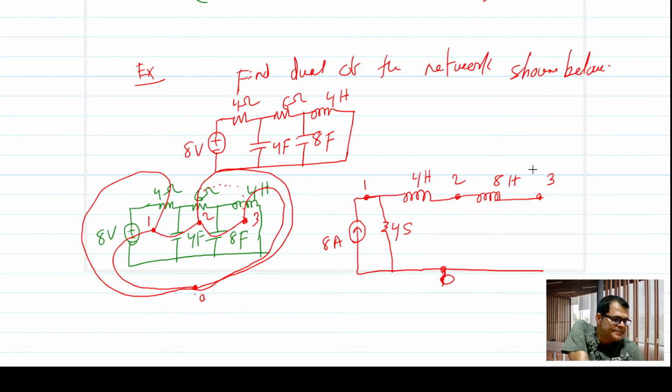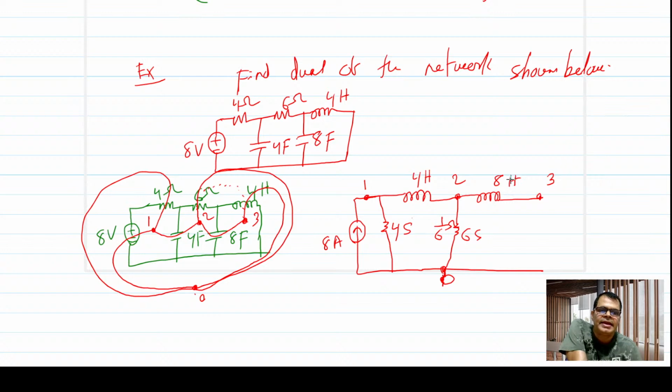Clear? Now come to 2 and 0. Between 2 and 0, only 6 ohm. So 1 by 6, or 6 Siemens, whatever you say, because the dual of a resistor is the conductor.